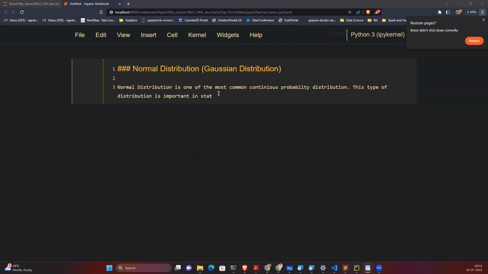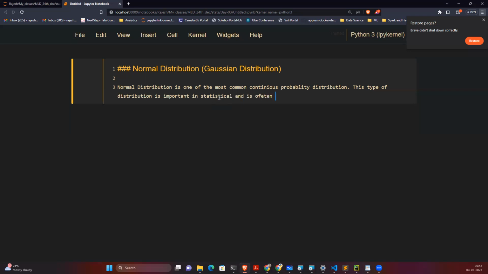So normal distribution is one of the most common continuous probability distributions. This type of distribution is important in statistics and is often used to represent random variables whose distribution is not known.